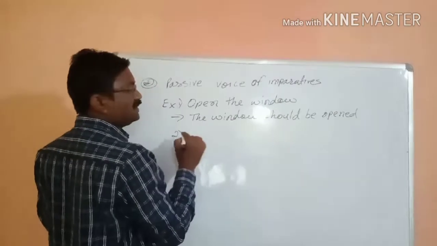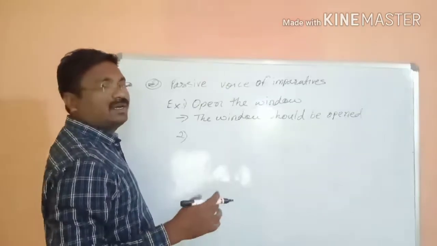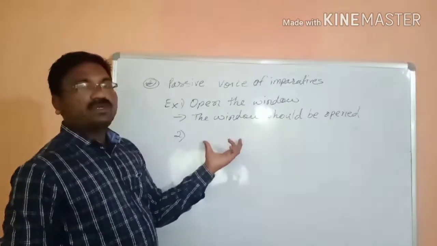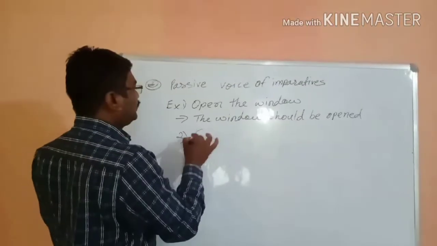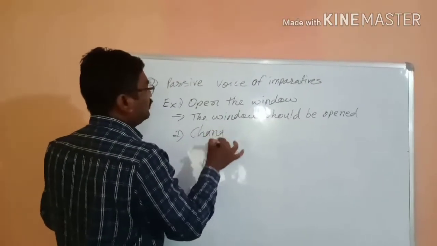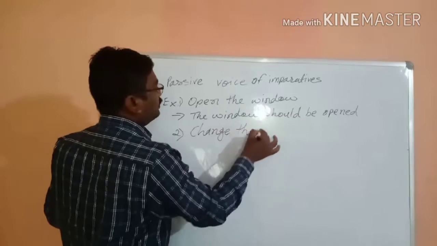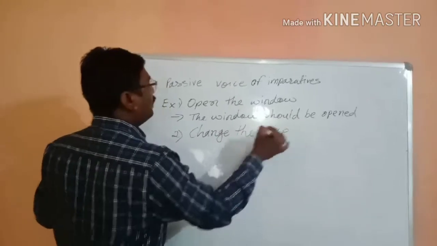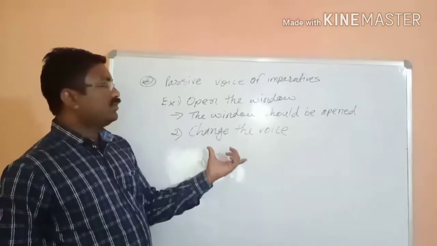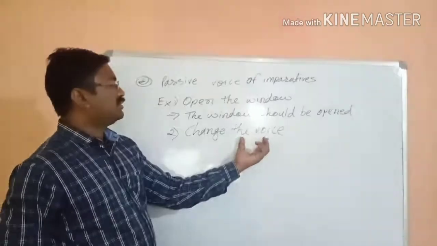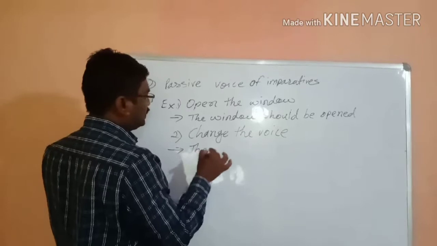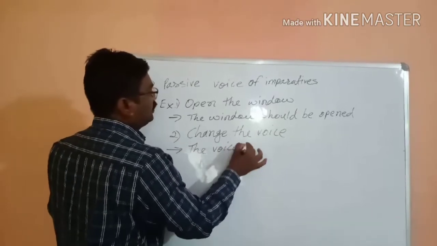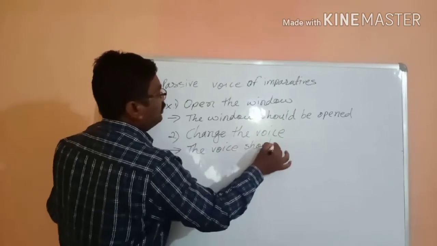Even one sentence was familiar earlier, used by those people who wanted to ask any hard question. They were using it to change the voice. You need to change the voice of this sentence. So the voice should be changed.